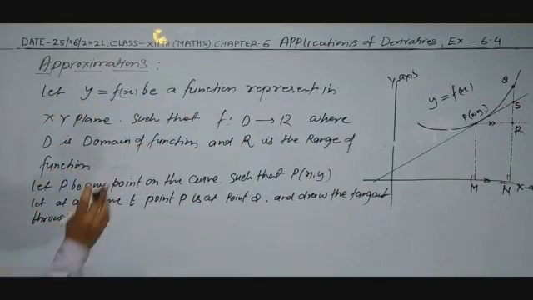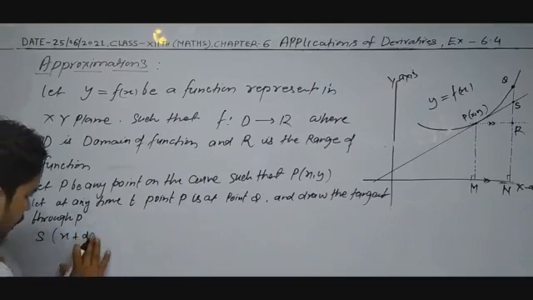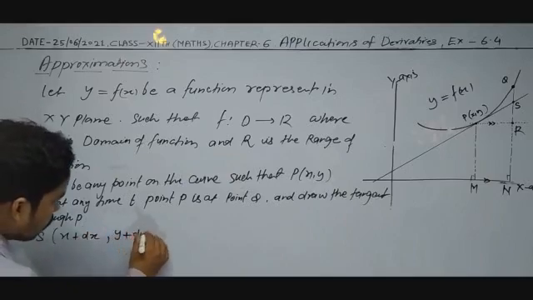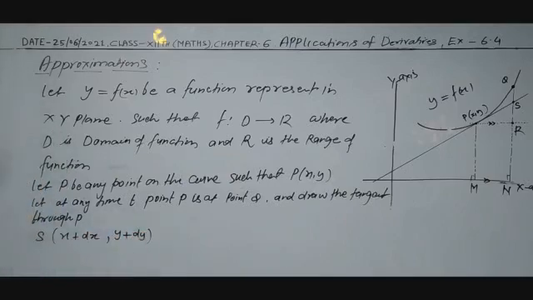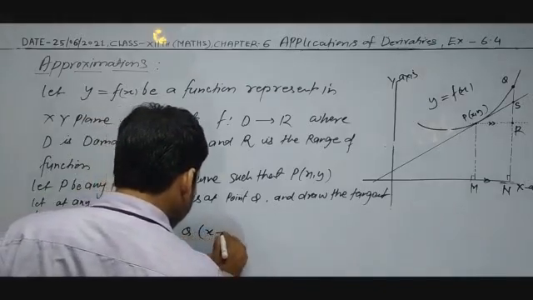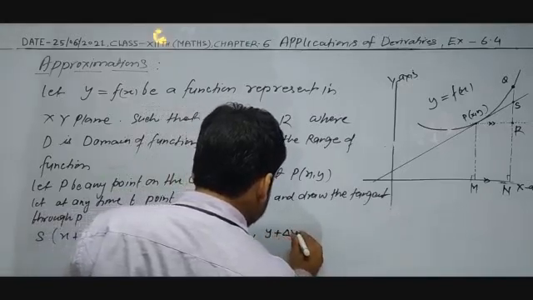S coordinates you can consider x plus dx comma y plus dy, and Q coordinates you can write x plus del x comma y plus del y.